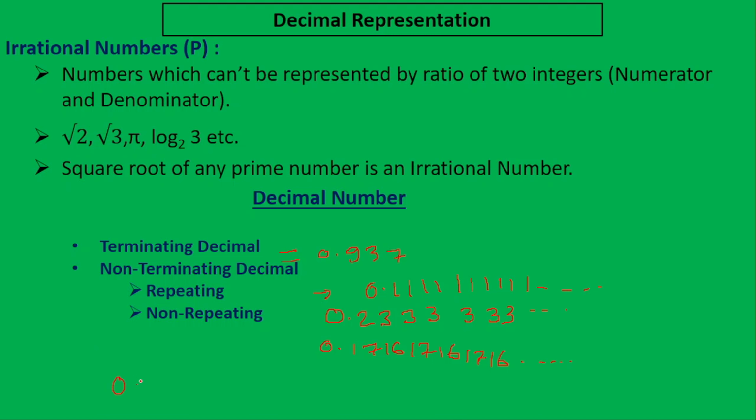Now non-repeating: it is non-terminating, meaning it won't terminate, and it won't repeat either, like 3, 2, 4, 5, 1, 2, 3, 0, 2, going on randomly.